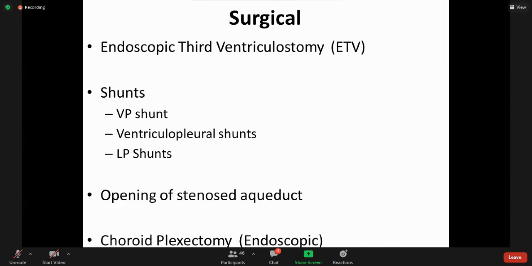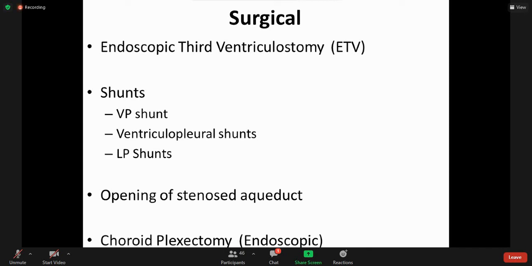Should we move? Okay, good. So we have different procedures like endoscopic third ventriculostomy. We can put shunts. We can open the stenosed aqueduct, but this is now an outdated procedure because of many complications.